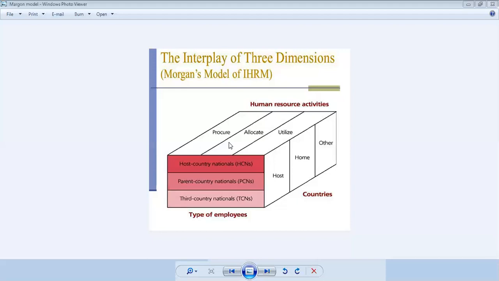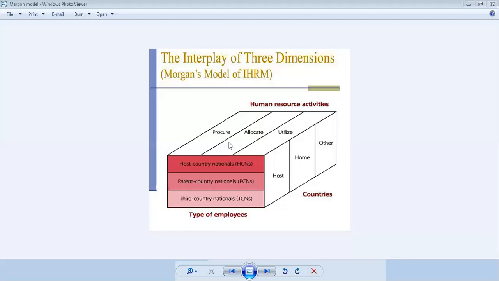Suppose, take an example, there is a company which originated from India, but that company has subsidiaries overseas, say in Japan or in America.